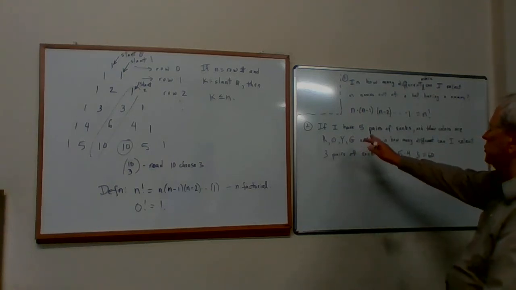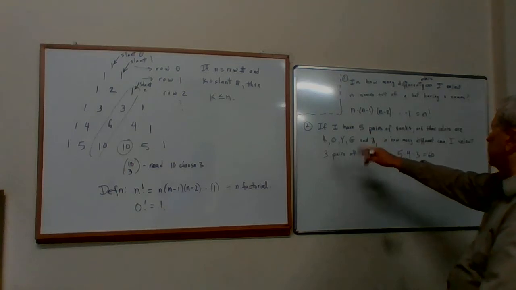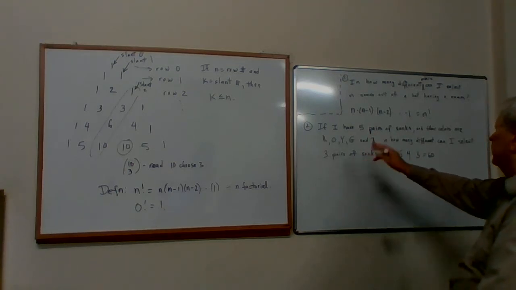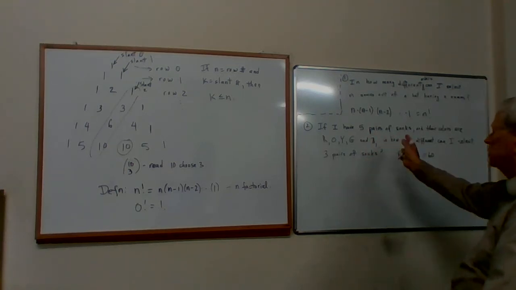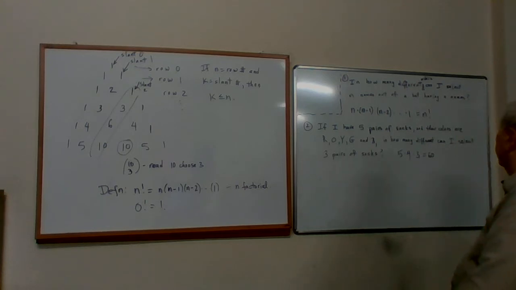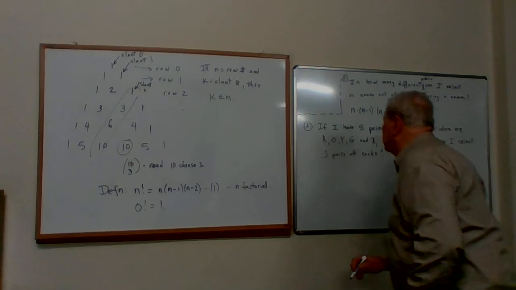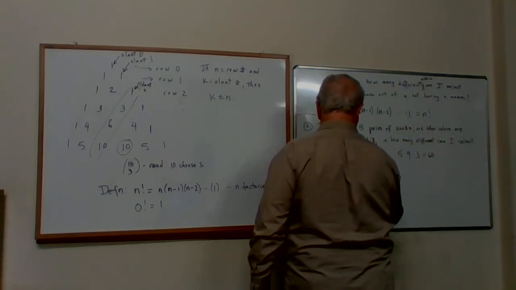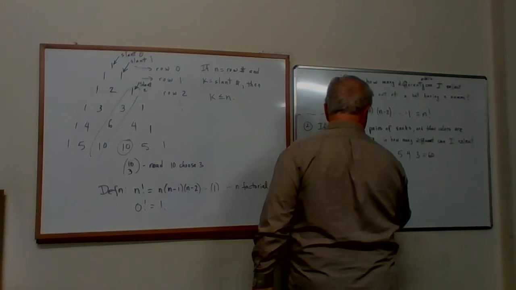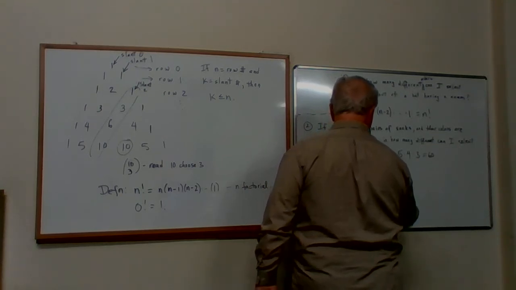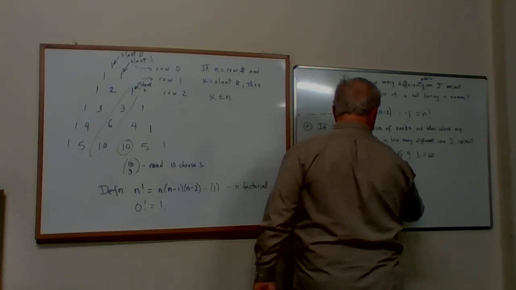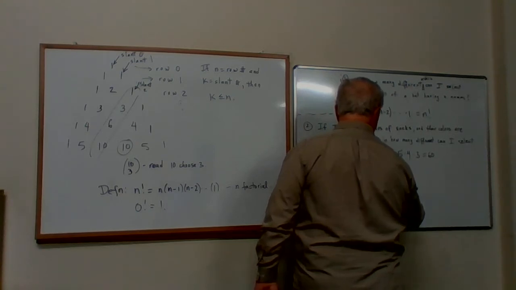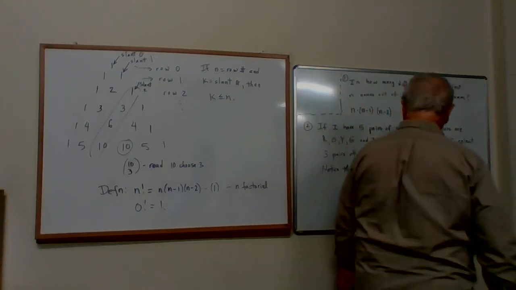One is red, orange, yellow. One is red, orange, green. One's red, orange, blue. One's orange, yellow, red. Orange, yellow, green. Orange, yellow, blue. There are 60 choices for those 3 pairs. Now, notice that 5 times 4 times 3 is equal to 5 factorial divided by 2 factorial.